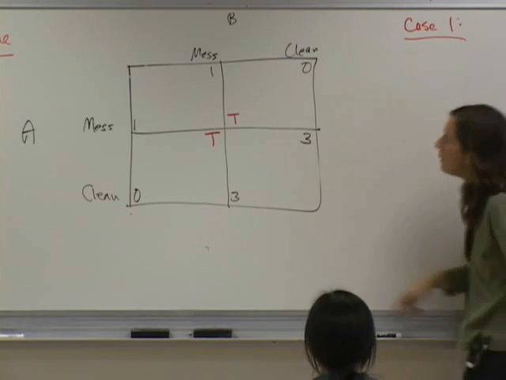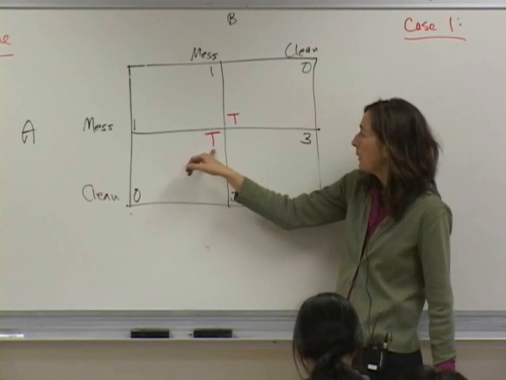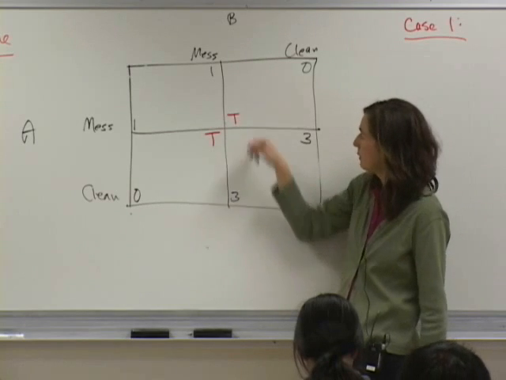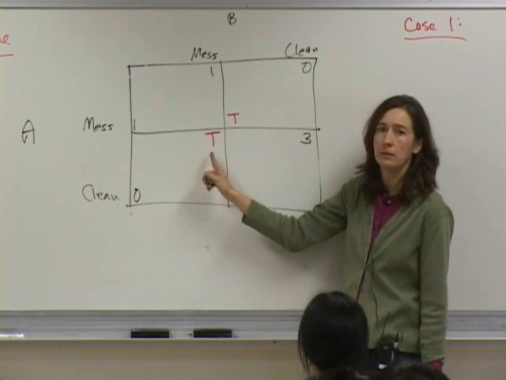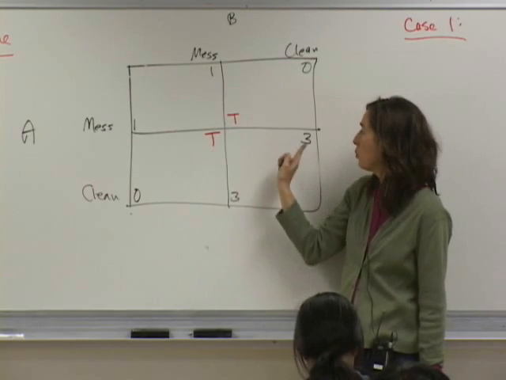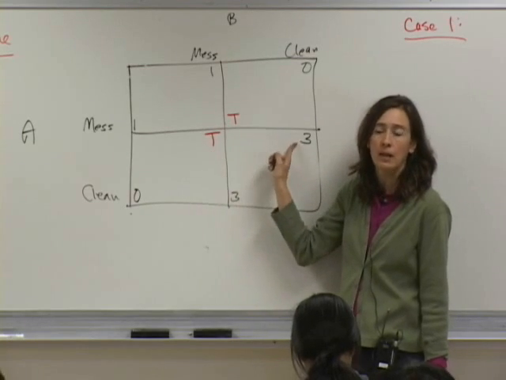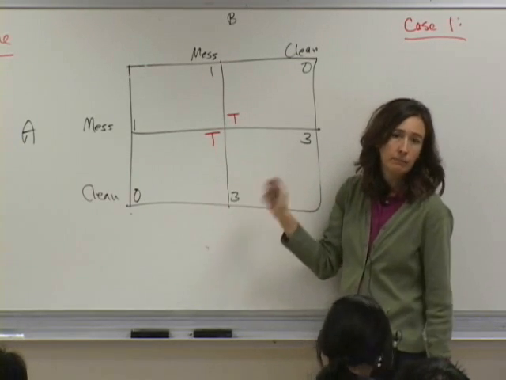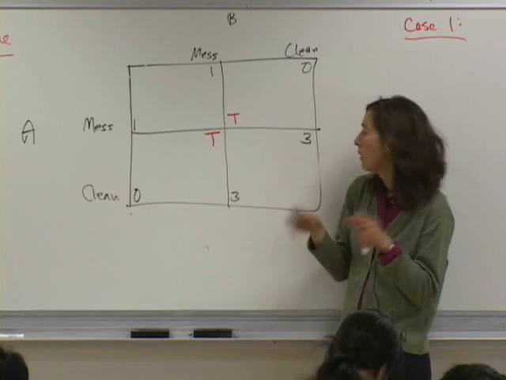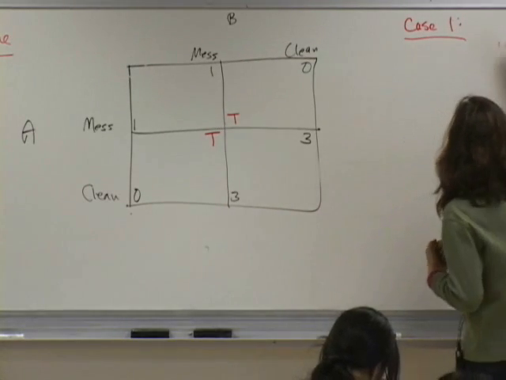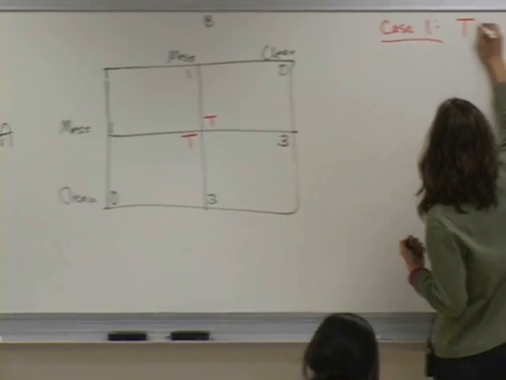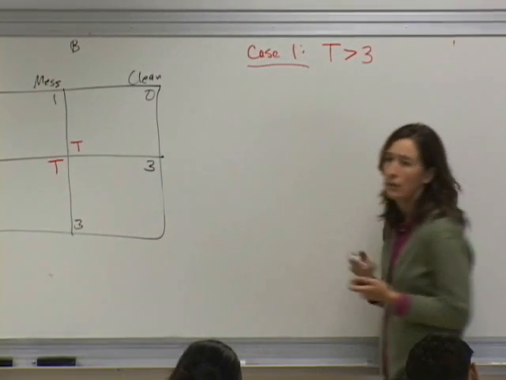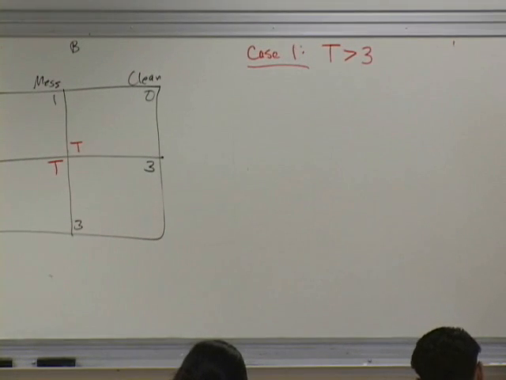Either from the row player's perspective or the column player's perspective, what matters is whether T is bigger than or less than 3. We're going to continue to ignore the knife edge cases here. So one case is T is greater than 3. Is there a dominant strategy?